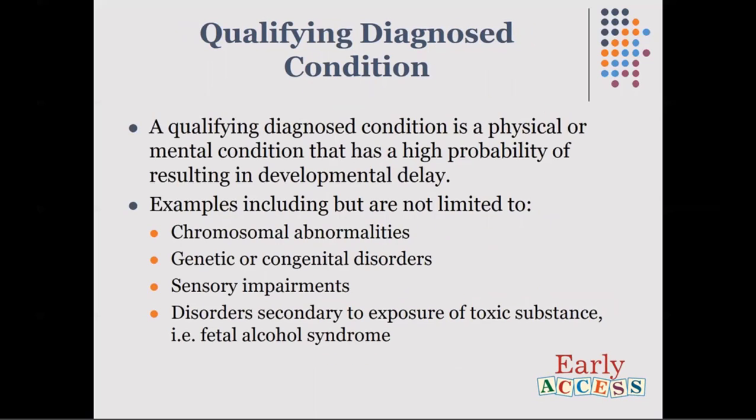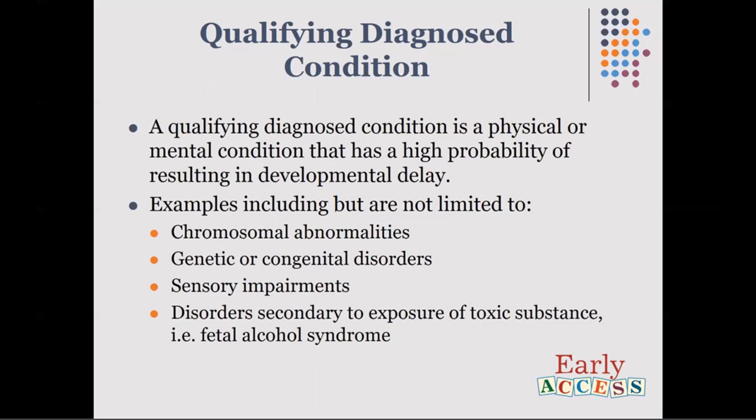A child is eligible for early access if he or she has a diagnosed physical or mental condition that has a high probability of resulting in delays in cognitive, physical, communication, social, emotional, or adaptive development.